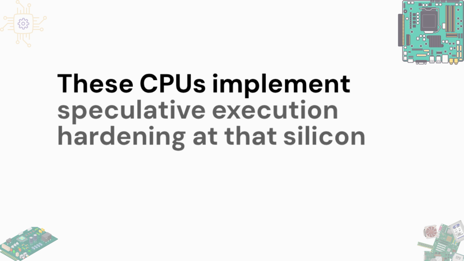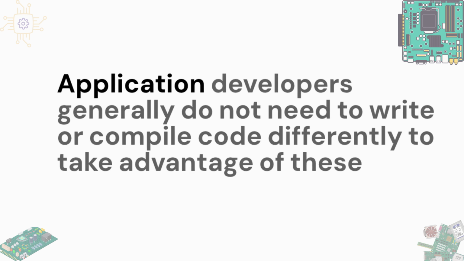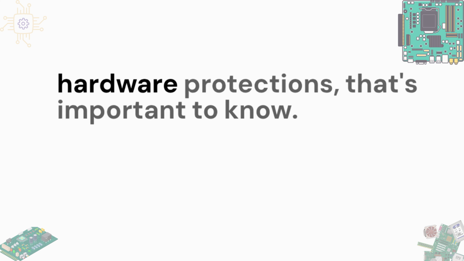These CPUs implement speculative execution hardening at the silicon level, offering security boundaries that software alone cannot enforce. Application developers generally do not need to write or compile code differently to take advantage of these hardware protections.